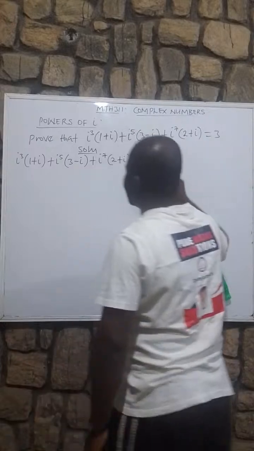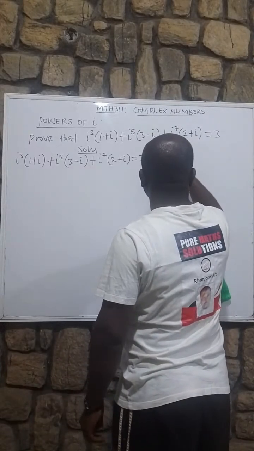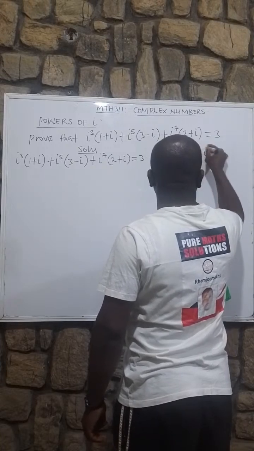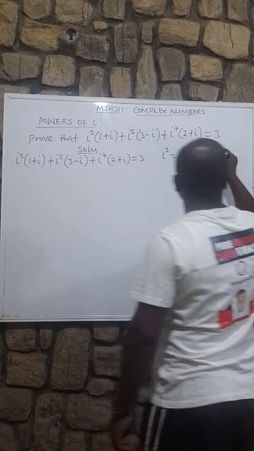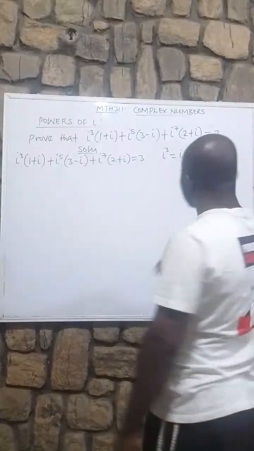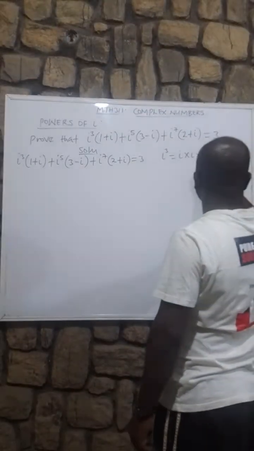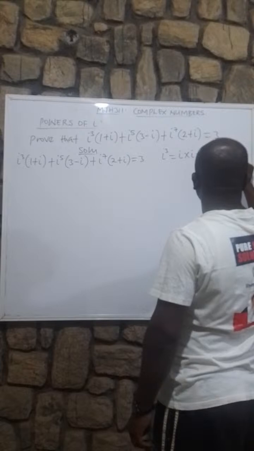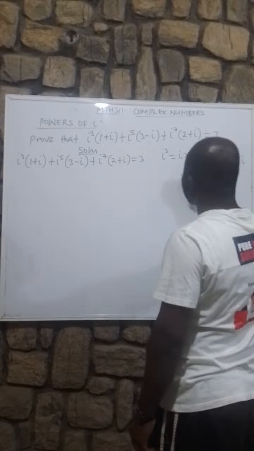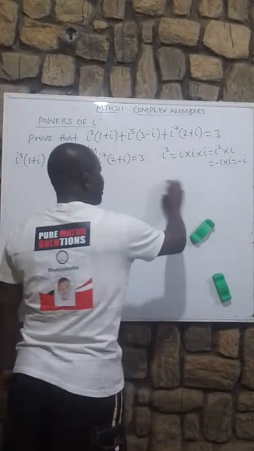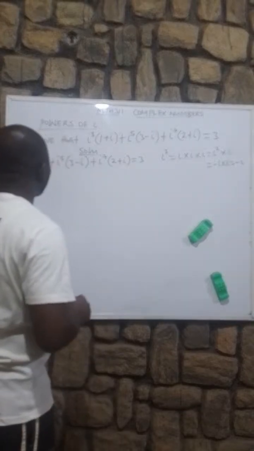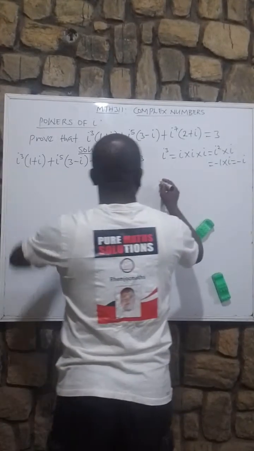You know very well that i cubed is i times i times i, which is the same thing as i squared times i. True or false? So i squared is -1, times i is -i. So it implies that i cubed is equal to -i. Are you following? Then, let's break it down.